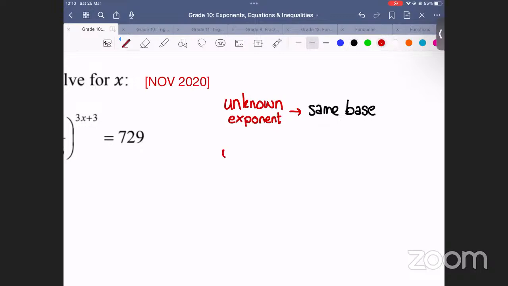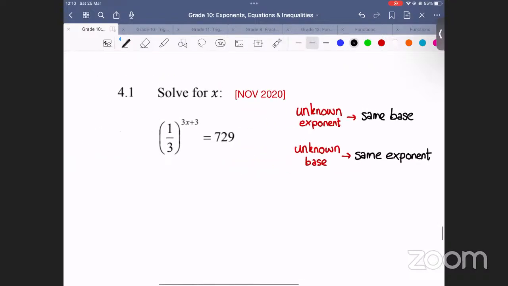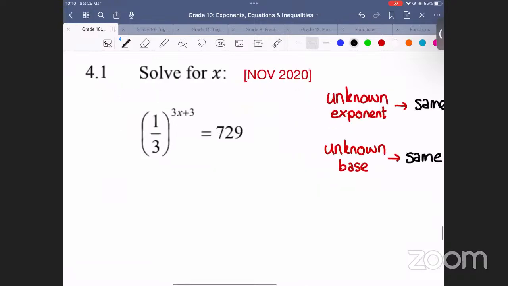When you have an unknown base, you want to express both sides of the equation with the same exponent and solve accordingly. Here we have an unknown exponent, so I want to represent both sides of the equation with the same base.